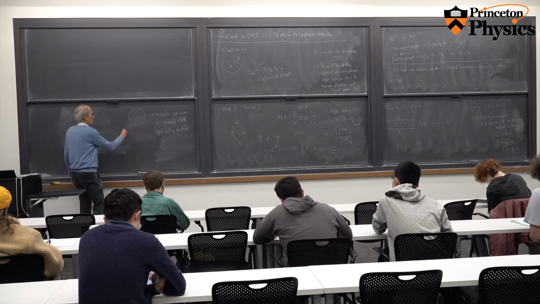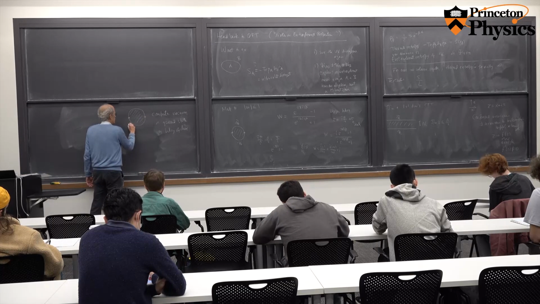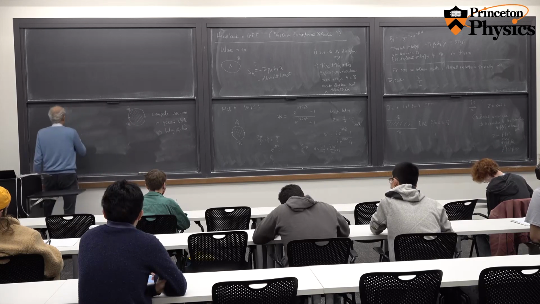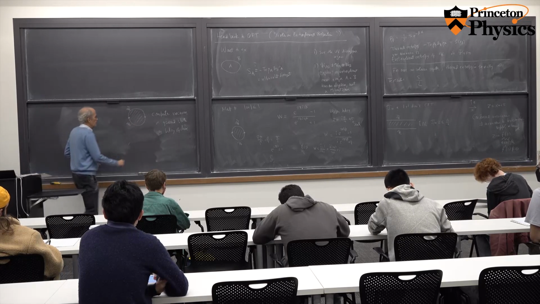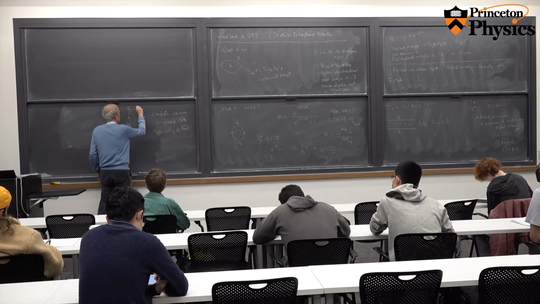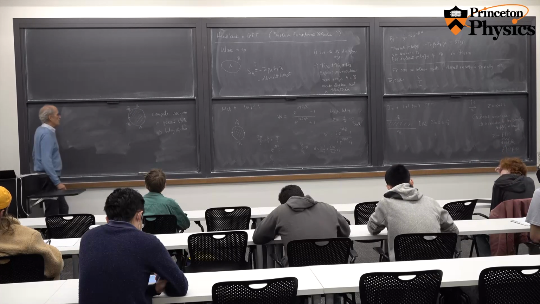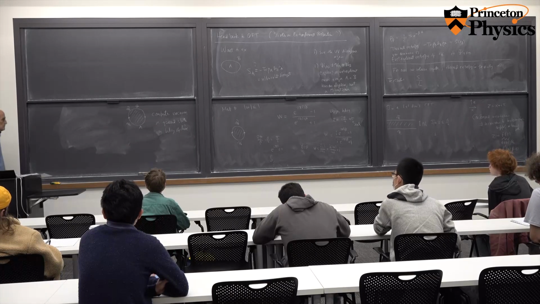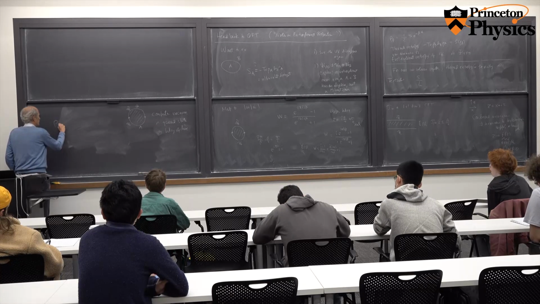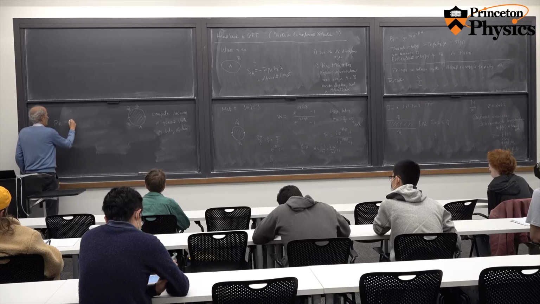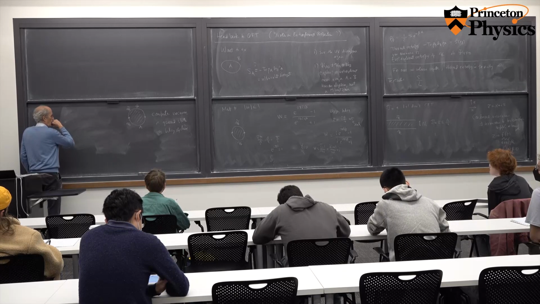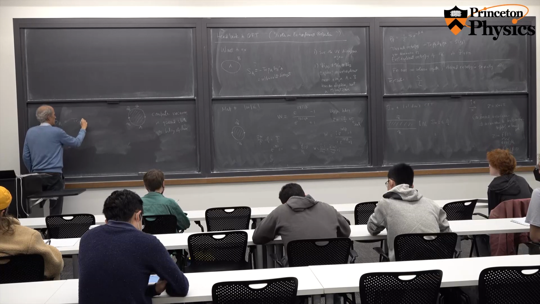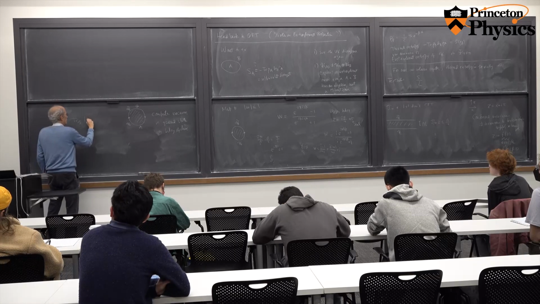Now, if we divide the boundary of the disk into two pieces, H and H tilde, let me call the pieces geometrically A and B. The Hilbert spaces formally are H and H tilde. The density matrix for rho A is supposed to be the trace over H tilde of the ground state.